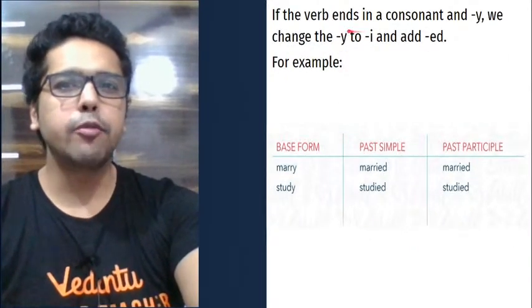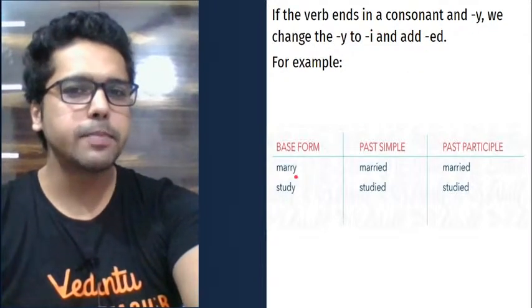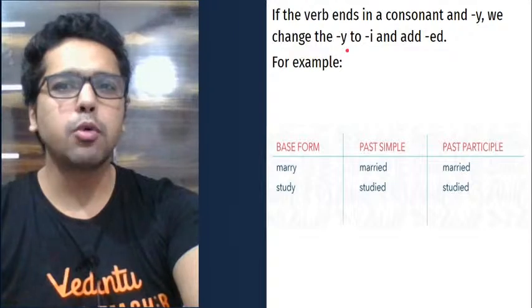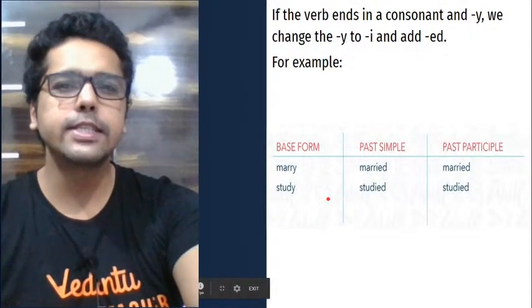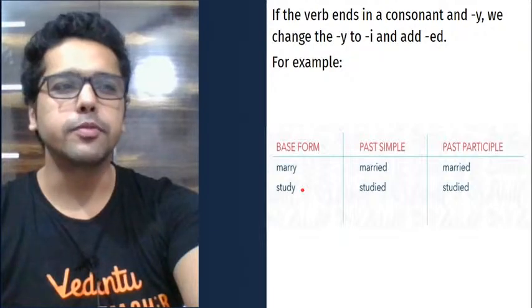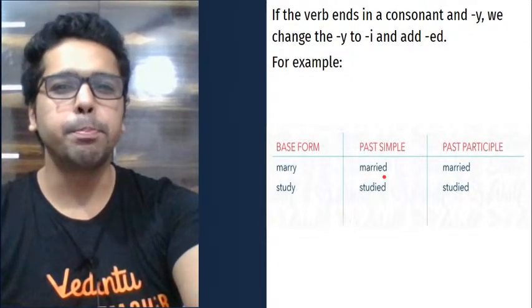And there is some more explanation to this. If the verb ends in a consonant and y, if the verb ends with the spelling y, we can change the y to i and then add ed to it. These are basically under the spelling rules, but these are again regular verbs. For example, the word marry changes to married.